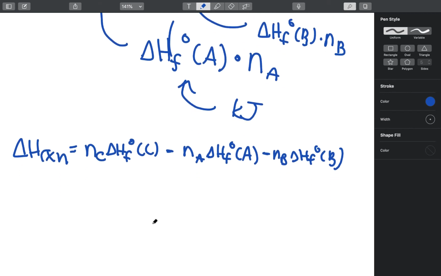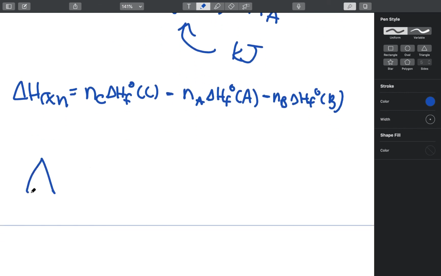Now the general equation for finding the heat of reaction using the standard heat of formation values is this.